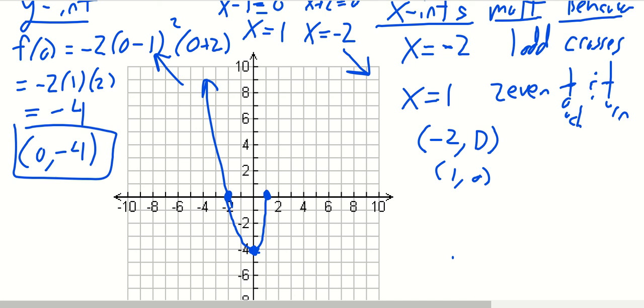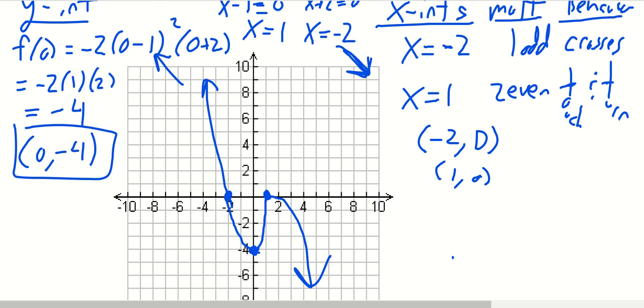Now from there, keep in mind the end behavior to the right is that it needs to approach -infinity. It's going to go down to the right, and that agrees with what we see here. At x equals +1, this is an even multiplicity, so it's going to touch and turn around, and will be able to approach -infinity.